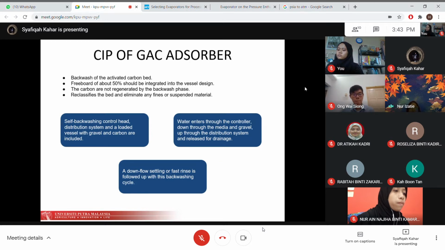A safe backwashing control head, a distribution system, and a vessel loaded with carbon are included in the system. Through the controller, the water enters through the loaded vessel top, down through the media, then up through the distribution system, and out to the drainage. A downflow settling or fast rinse is usually followed after this backwashing cycle.